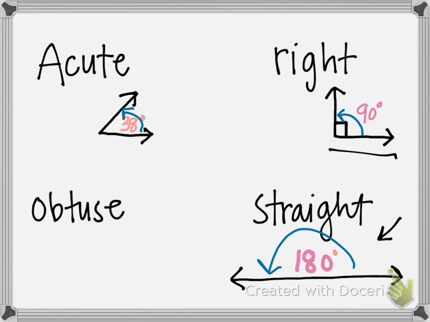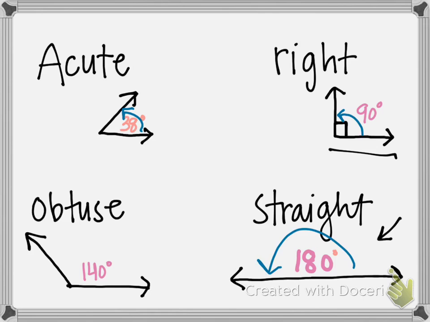So let's draw an obtuse angle. I did not draw the straightest lines ever. Let's say this is 170 degrees. There's no way because the straight is 180. So let's say this is 140 degrees. Perfect.